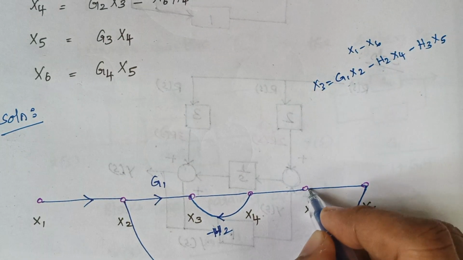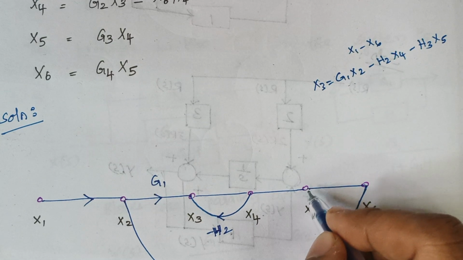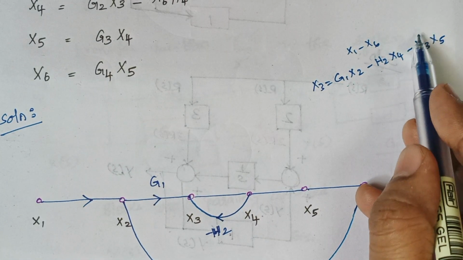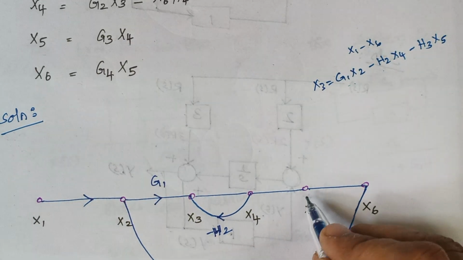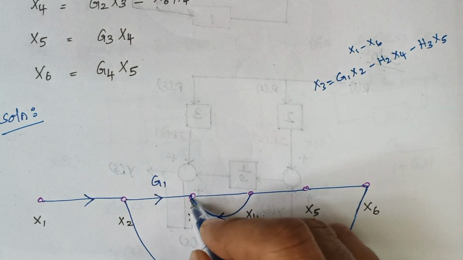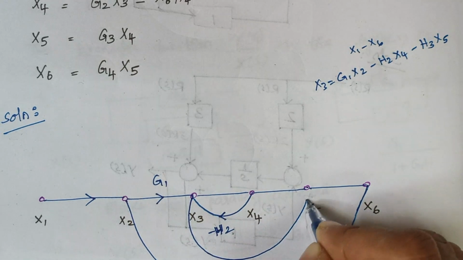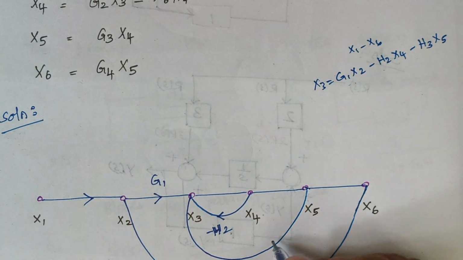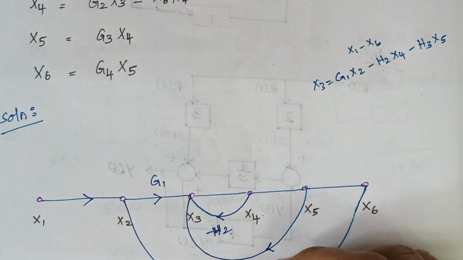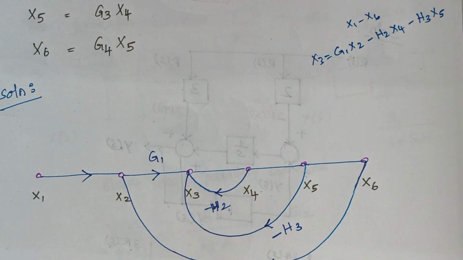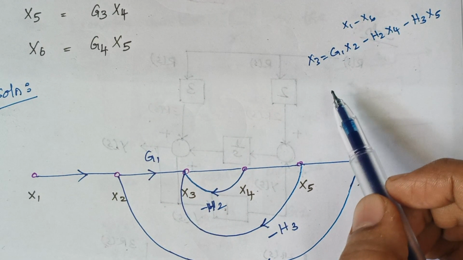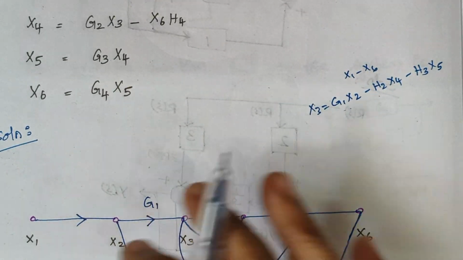So from x5 we should include a feedback element, that is a feedback gain of minus h3. So again from x5 to x3 you draw a loop like this, and here the value of gain is minus h3.